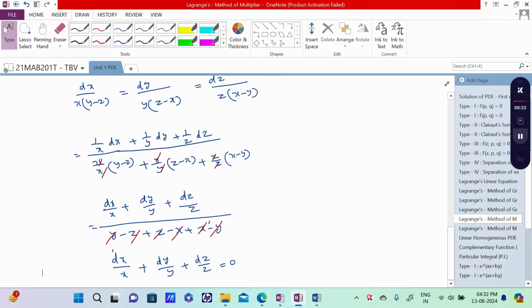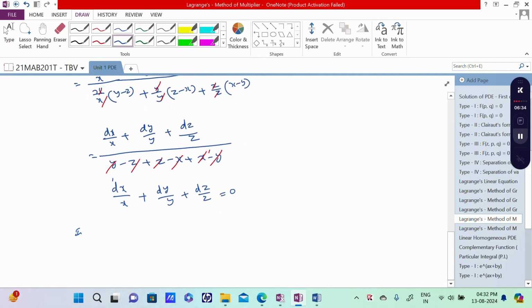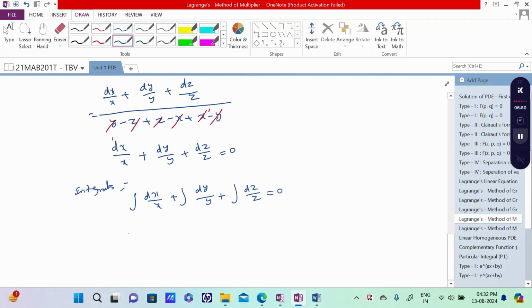For this form, again direct integration: integration of dx/x plus integration of dy/y plus integration of dz/z equal to 0. Integration of dx/x is log x, log y, log z equal to some constant. I consider log b, or only b or c, whatever, but for simplification I am purposely taking log b: log x + log y + log z = log b.